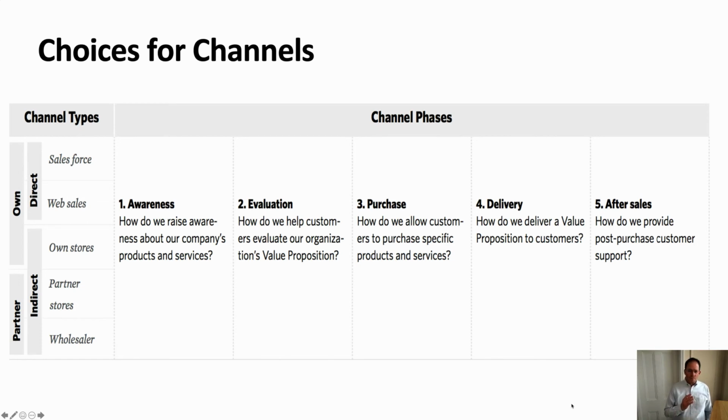They're doing multiple units, huge volumes, and they want to minimize the number of people involved in post-purchase customer support so they can keep their costs low. For you, after sales might be someone on the end of a phone, a mobile number or a telephone number, because this is a high value product you're selling. So after sales is absolutely crucial. So you need to consider, what does our customer expect and how am I going to provide it? So that's channels.